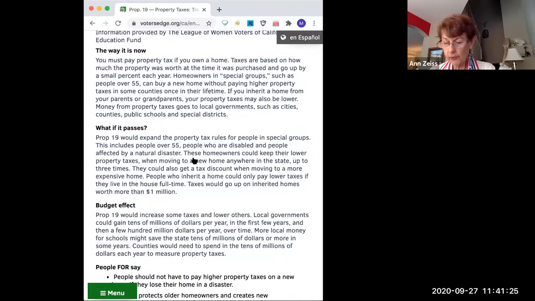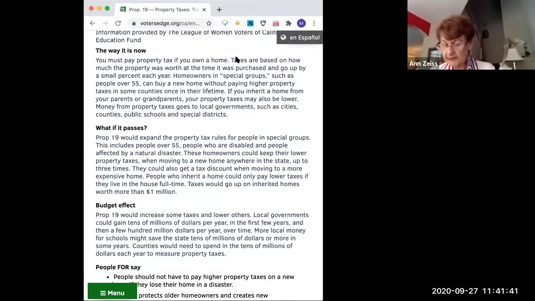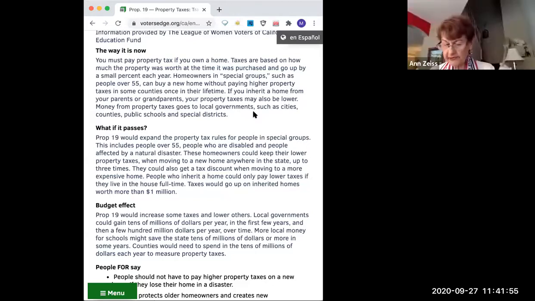It would provide an upward tax assessment adjusted for inflation, to owner-occupied inherited properties with a market value more than $1 million greater than its taxable value. Also, increased state tax revenue from Prop 19 could be used for fire suppression efforts and reimbursement of counties' costs.